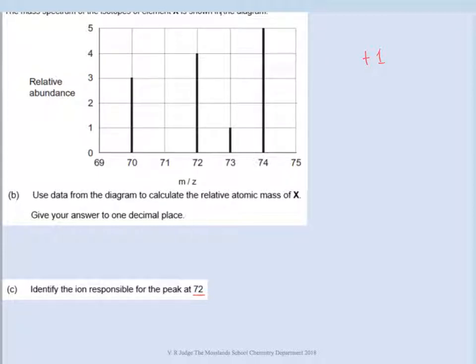So, on the spectrum, you've got the two axes, which you should already know everything about anyway. You've got the relative abundance, which shows how much of that particular species is present in the sample. So the 74 ion is the most abundant in this case. And we've got the mass to charge ratio. So m/z is mass to charge ratio along the bottom.